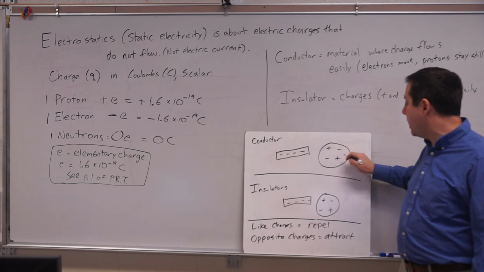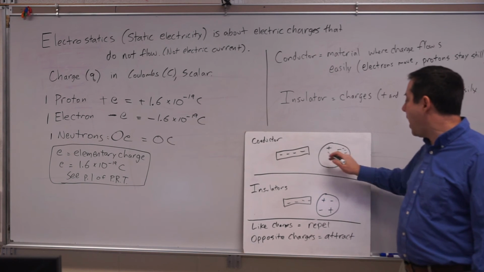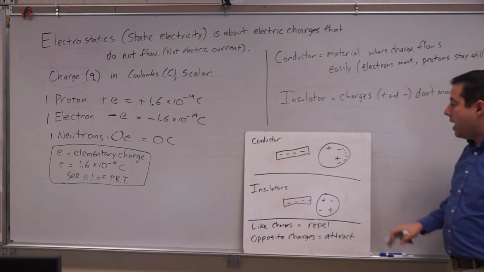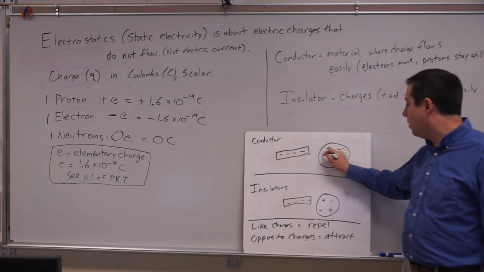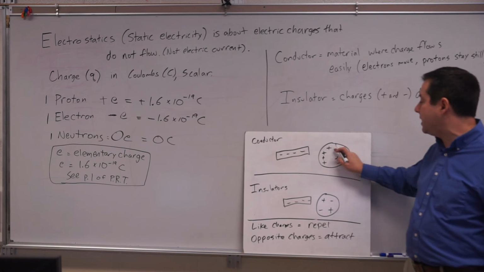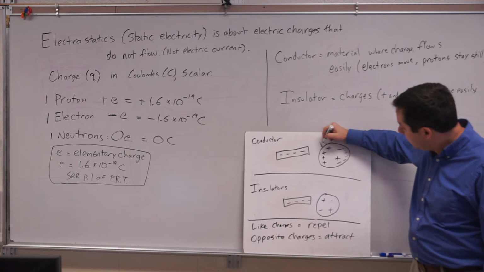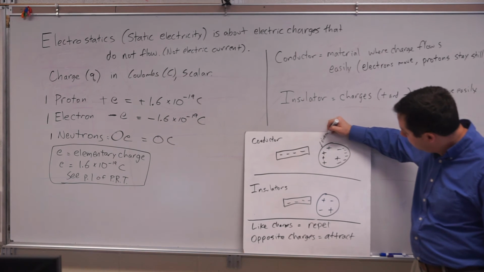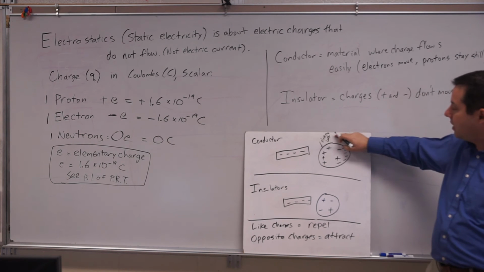So what you end up getting is the electrons will move away from this, and that leaves not necessarily more positive charges, but it makes this side more positively charged because the electrons left. I don't know if you can read that. I said electrons left.